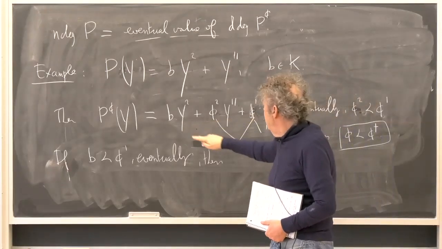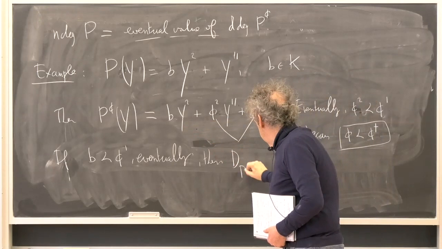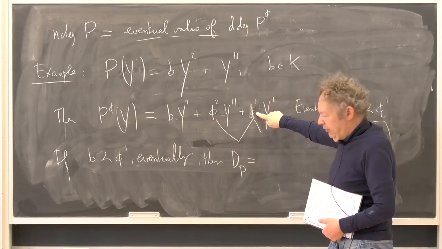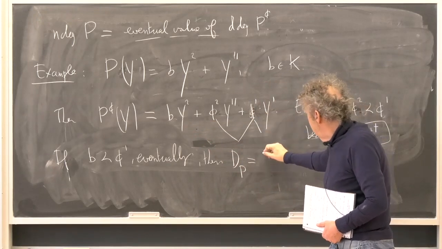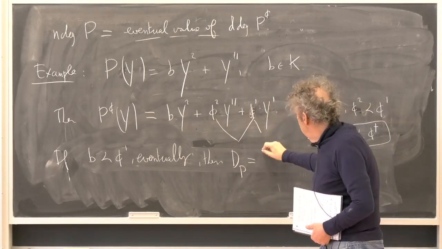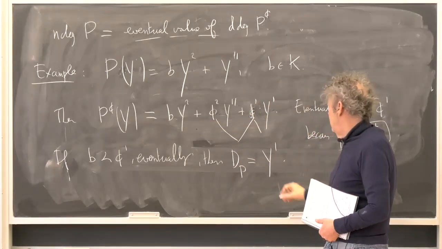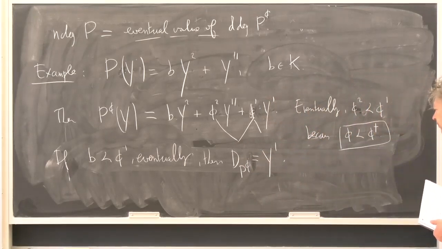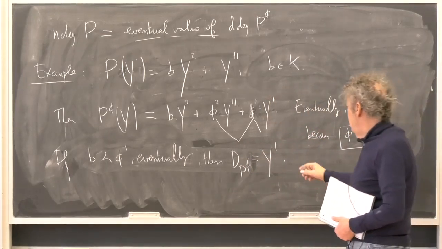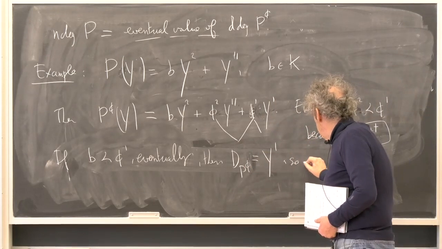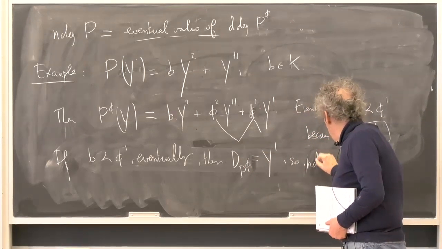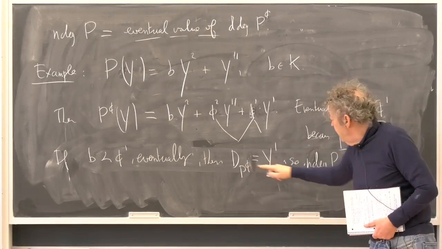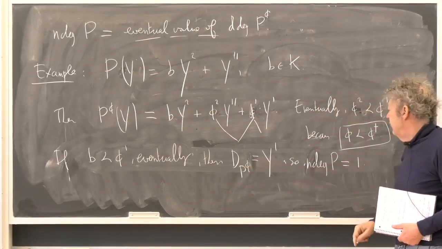And so that means that the dominant part of P, you divide out by phi prime and you get y prime. Oh, sorry, D_P phi equals y prime. And so the dominant degree, the Newton degree, which is the eventual degree of this, will be 1.